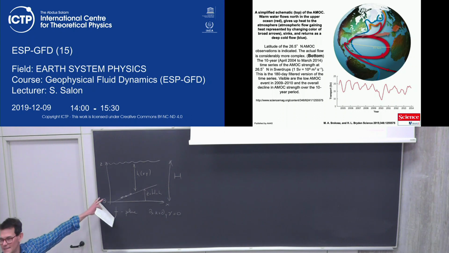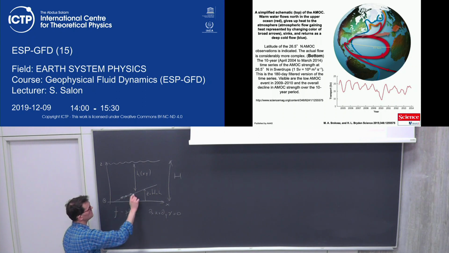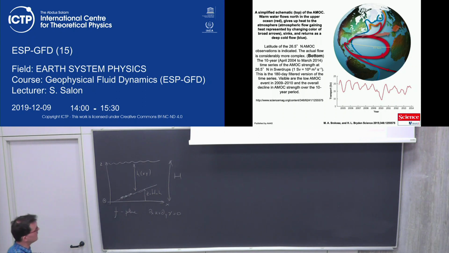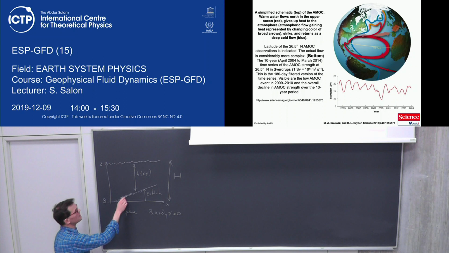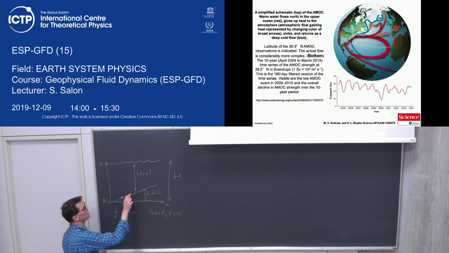We just started a minute ago, considering the geostrophic flow with the irregular bottom. This is our solid bottom, and we were wondering what happens if we consider a parcel here, whether the parcel is going up or down.